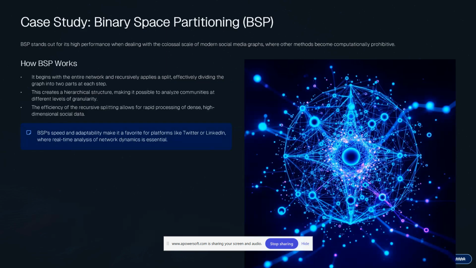This creates a hierarchical structure, making it possible to analyze communities at different levels of granularity. The efficiency of the recursive splitting allows for rapid processing of dense, high-dimensional social media data. BSP speed and adaptability make it favorable for platforms like Twitter or LinkedIn, where real time analysis of network dynamics is essential.